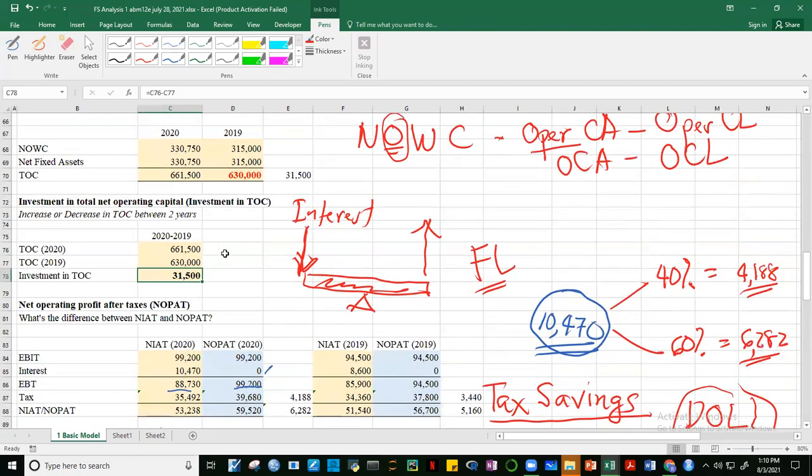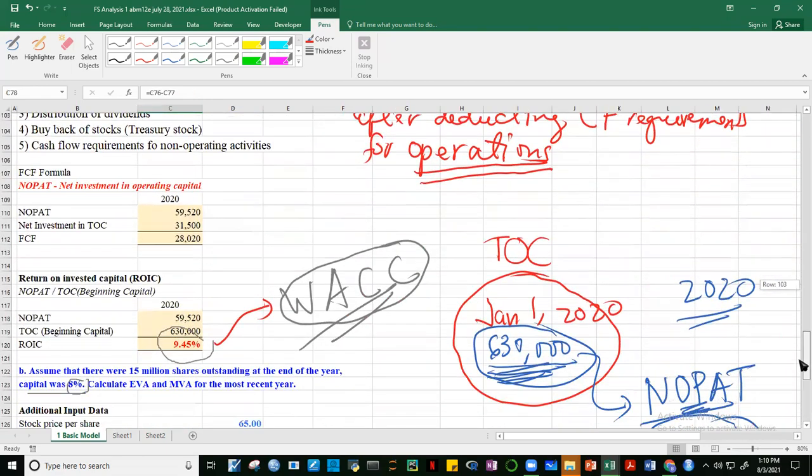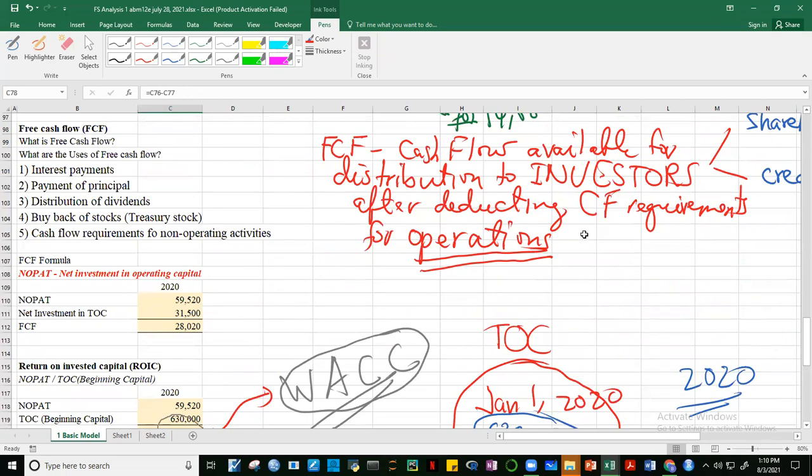It is the additional 31,500. From 630 it became 661,500, which means our operating capital increased by 31,500. Based on this definition, our free cash flow will be 28,020. We take NOPAT and subtract the net investment in TOC.